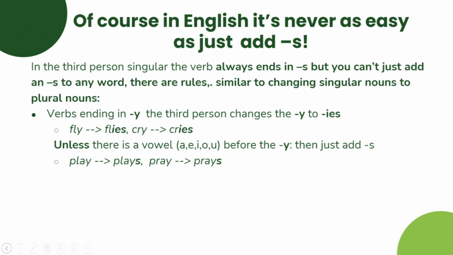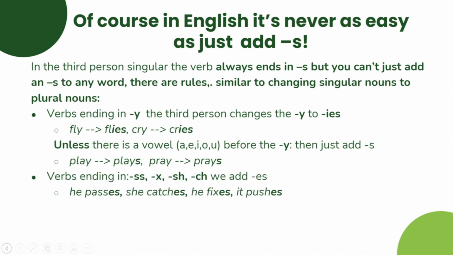Unless there is a vowel before the Y. Vowels A, E, I, O, U. If that's the case, we just add S. I play, he plays. I pray, she prays. Sometimes it's not enough to just add S, we have to add ES. So verbs that end in SS, X, SH or CH, we add ES.